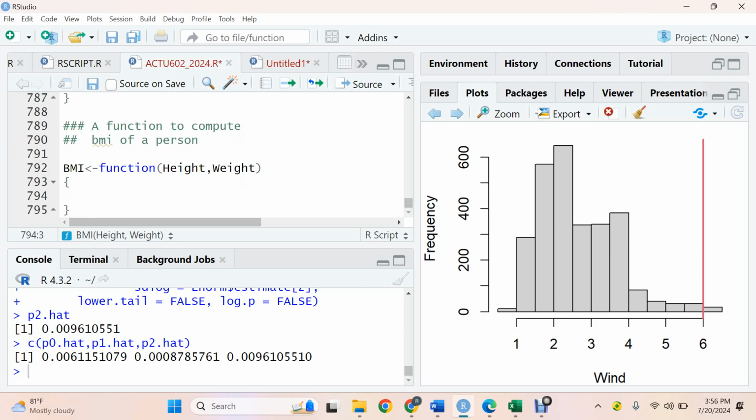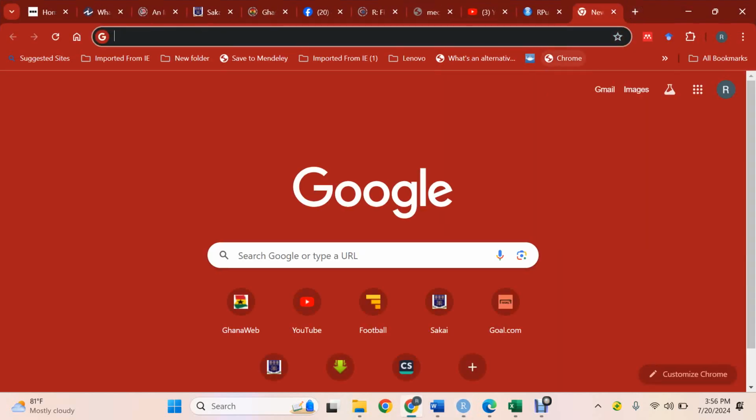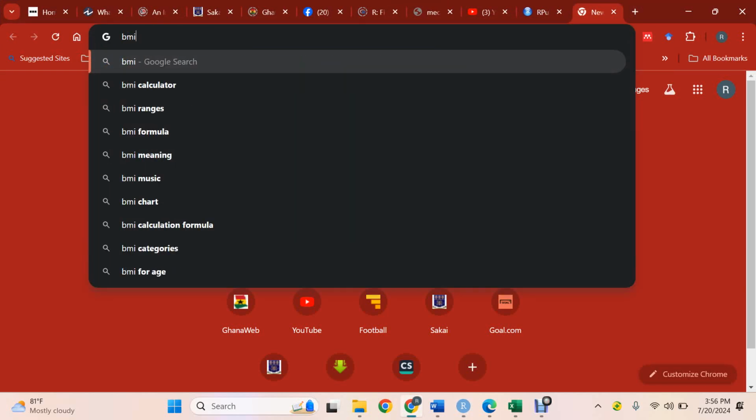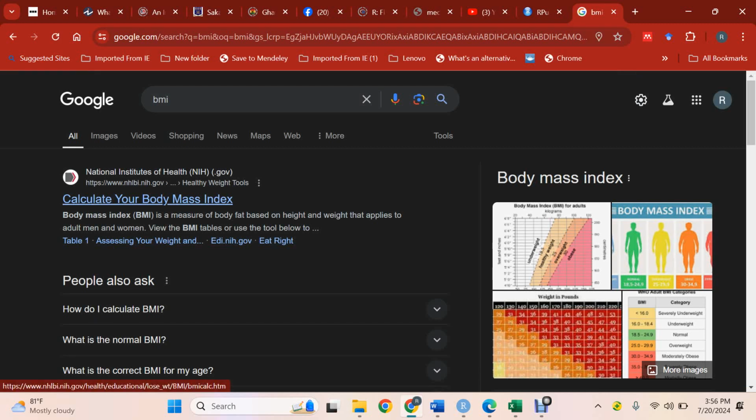Now, you can go online and check. That's the structure. It must be within the curly bracket, so that when it takes the name, it runs through what is in there. So that's it, BMI.